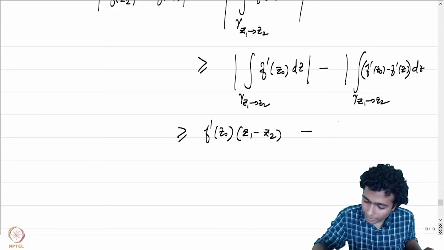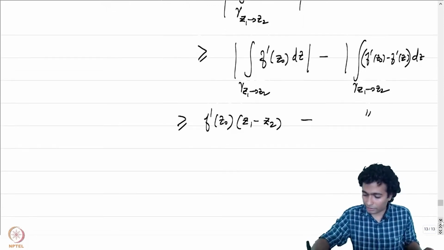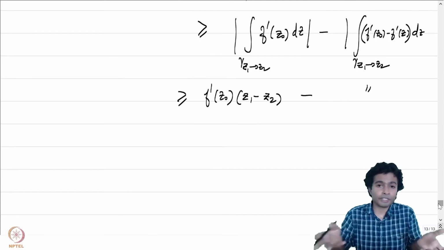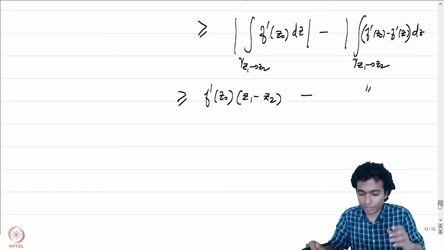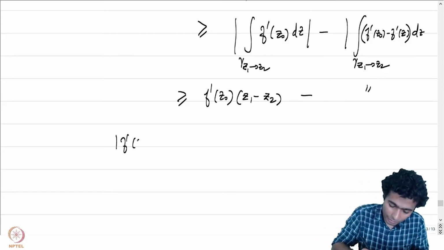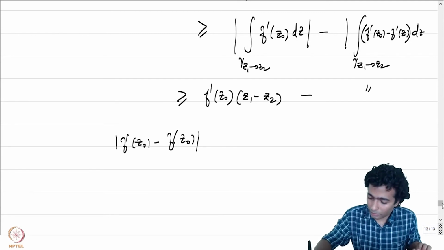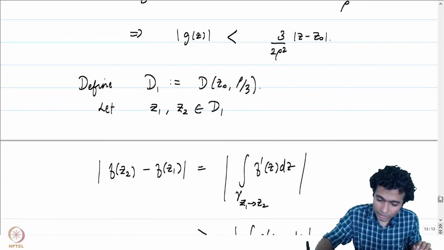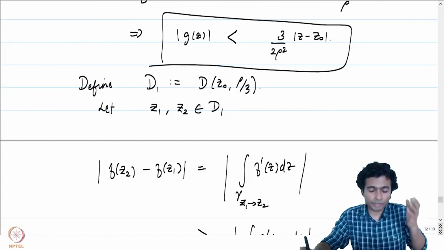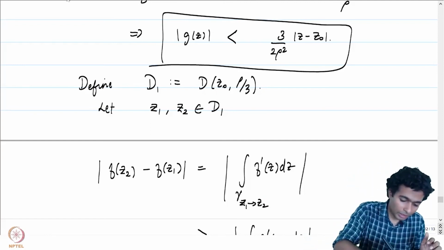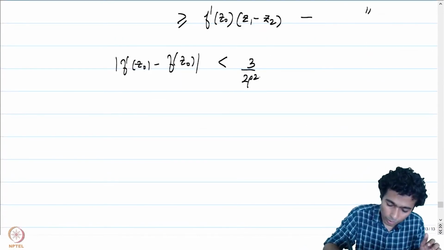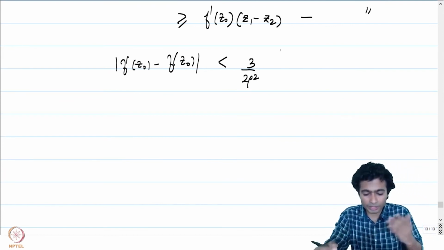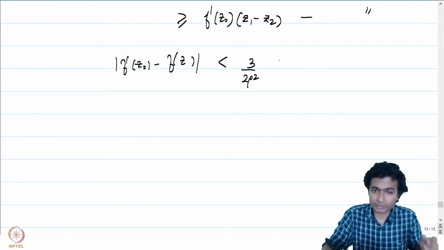Minus the absolute value here, let's focus on that absolute value. Since z1 and z2 are in D1, the line segment joining z1 to z2 is also in D1, and therefore if you look at f prime of z0 minus f prime of z, by Schwarz's lemma we notice that g of z is basically f prime of z minus f prime of z naught, and that is strictly less than 3 by 2 rho square times the absolute value of z naught minus z, and that is less than rho by 3.